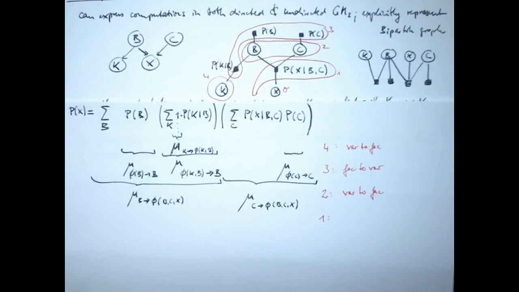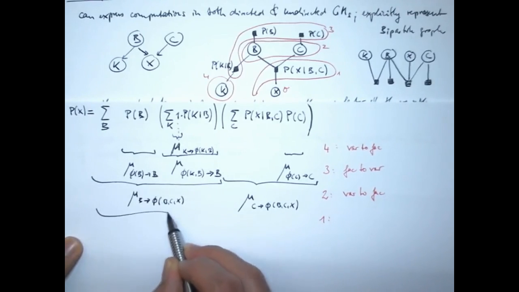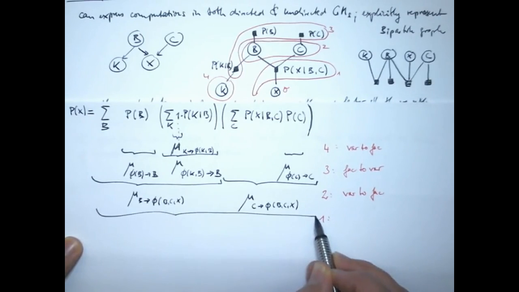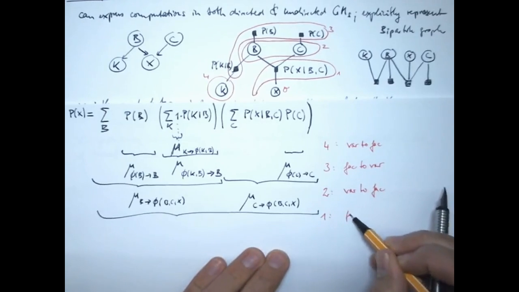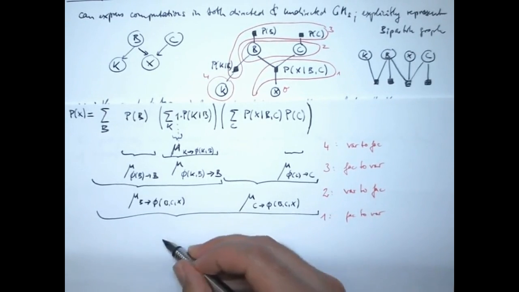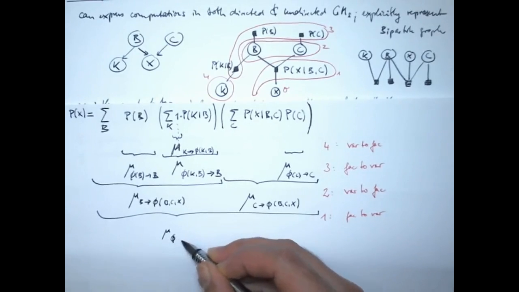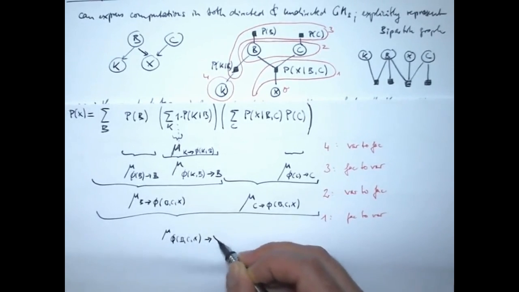Finally, at level 1, that's the entire thing. The message from factor involving b, c, and x to the variable x.